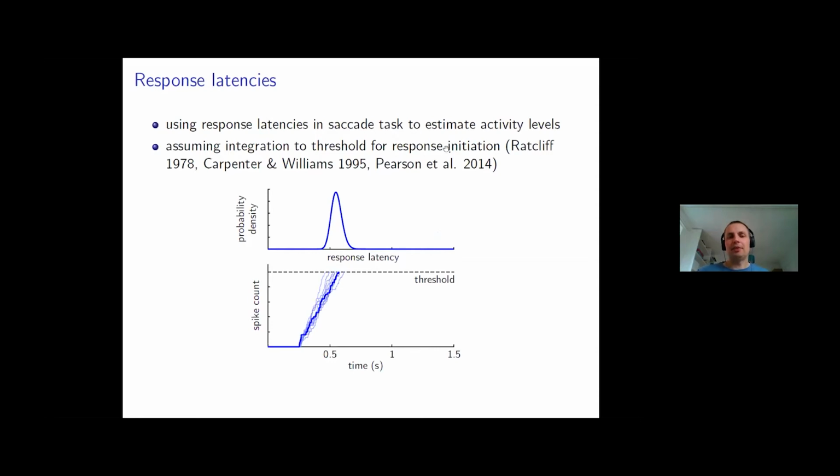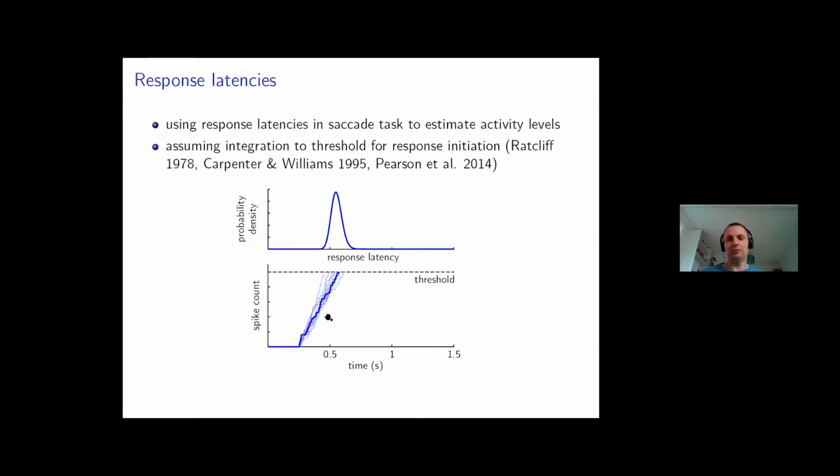And based on many previous models of this kind of task or of eye movement initiation, we assume that there's an integration of neural activity to a threshold. And once that threshold is reached, a response, in this case an eye movement, is initiated. So that is shown here with a plot over time and the spike count. Over time, this population will just generate spikes, and the spike count will grow over time.